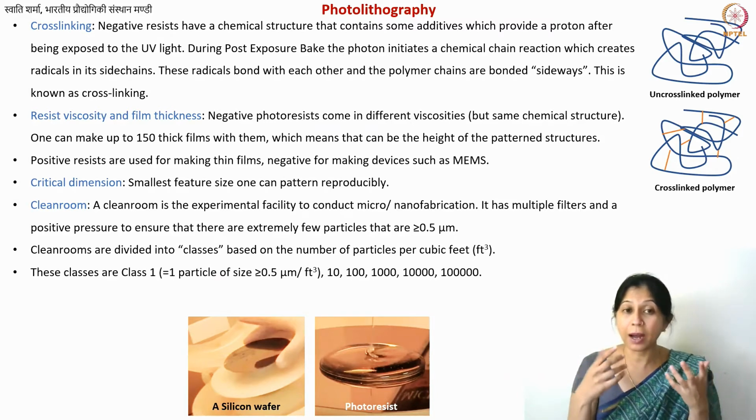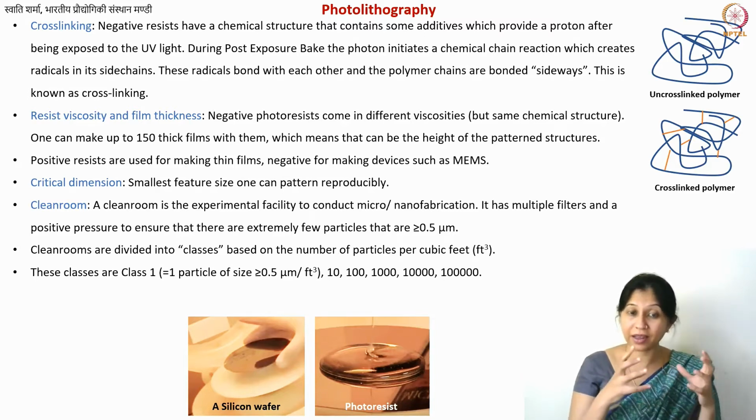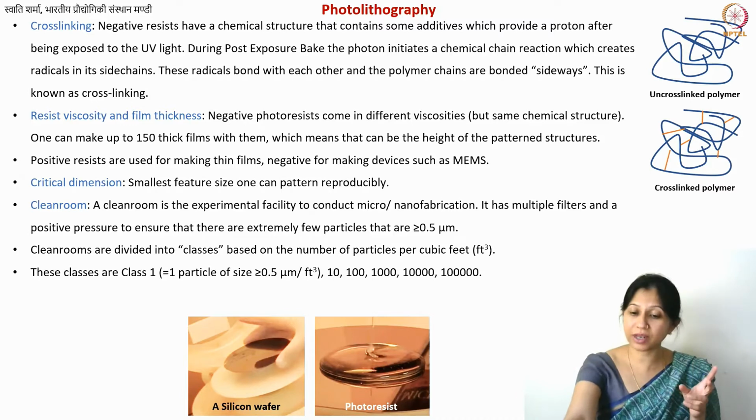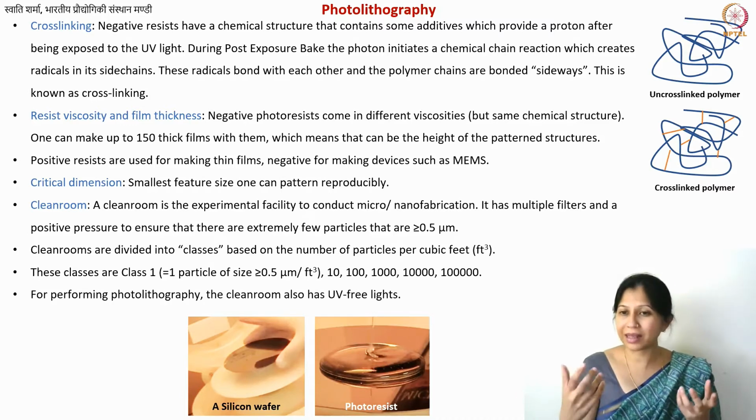If you have a class 1 clean room, that would mean you have not more than one particle bigger than 0.5 micrometer in 1 cubic foot. Similarly, you have class 10, 100, 1,000 and so on. For most research purposes, you would use, let's say, a class 1,000 clean room.